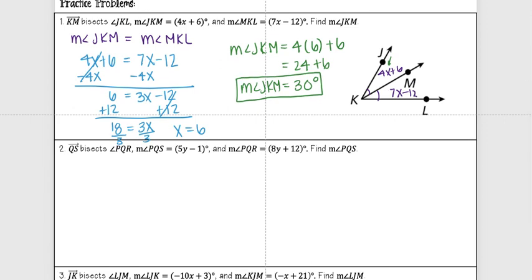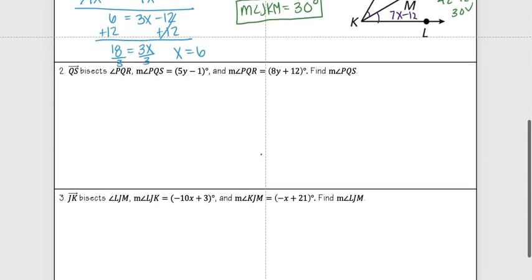We could have also plugged into this expression as well, because we know they're equal, and that's a good way to check yourself. If I plug in 6 there, I get 7 times 6 minus 12. 7 times 6 is 42, and 42 minus 12 is 30. So I'm good.